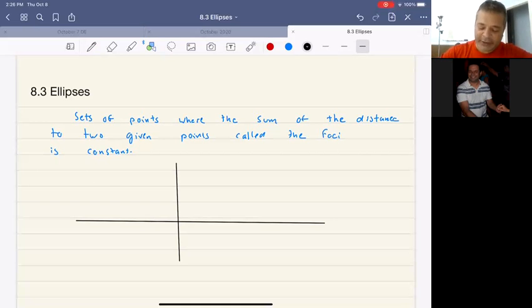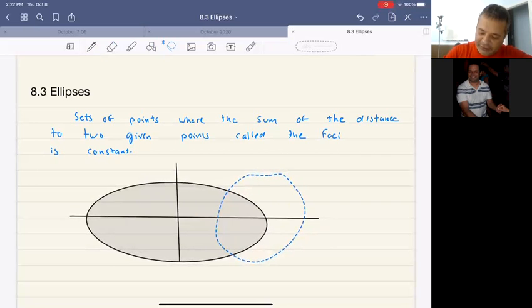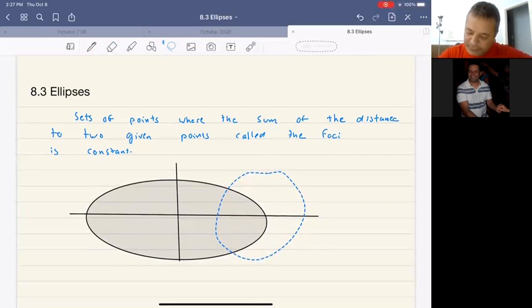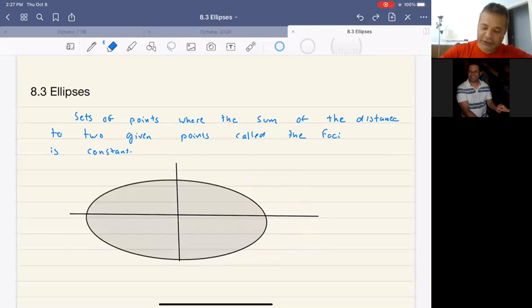And you'll see what I mean when I draw them, I think. So there's an ellipse. Actually, not a bad one. Let's move it a little bit. Okay, let's go ahead and draw in here.